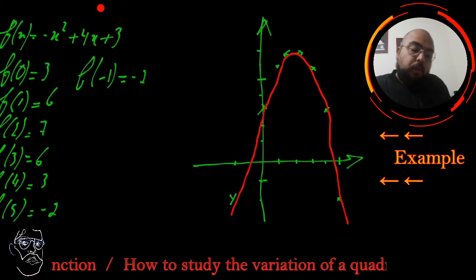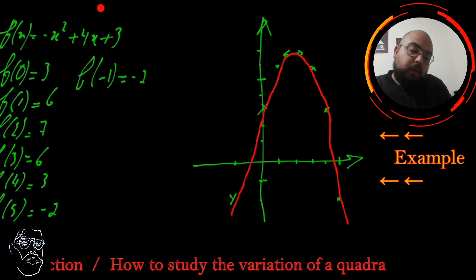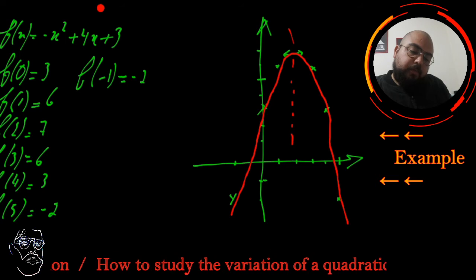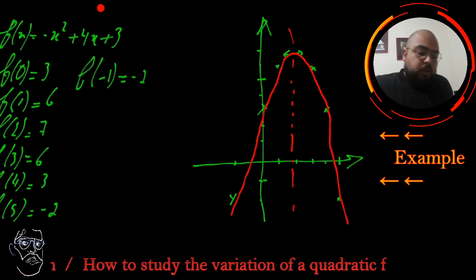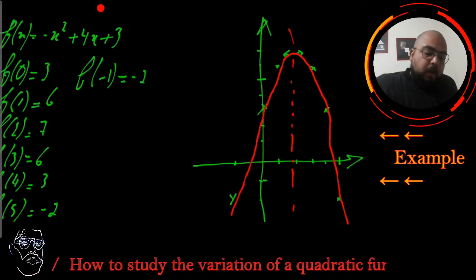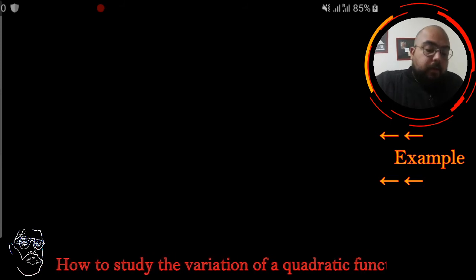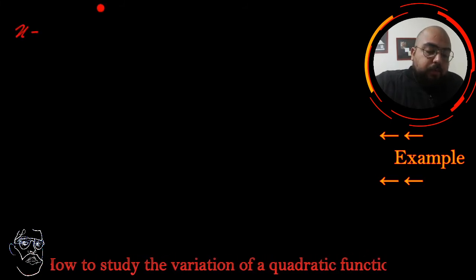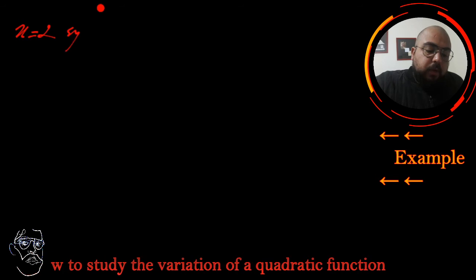In this case, it's most probably the value x is equal to 2. All right. So how do we verify that x is equal to 2 is an axis of symmetry?